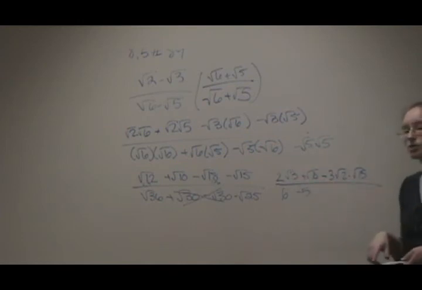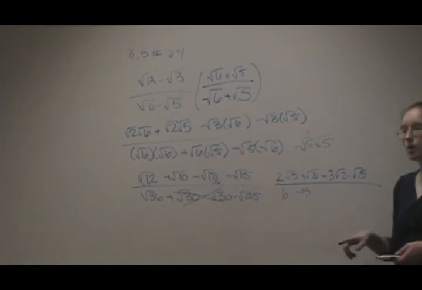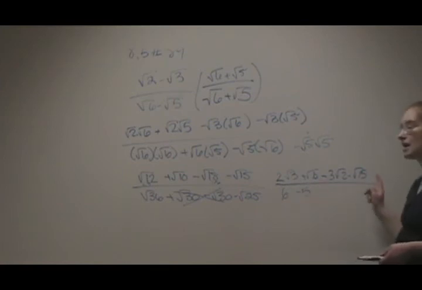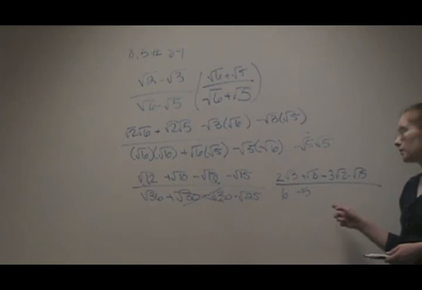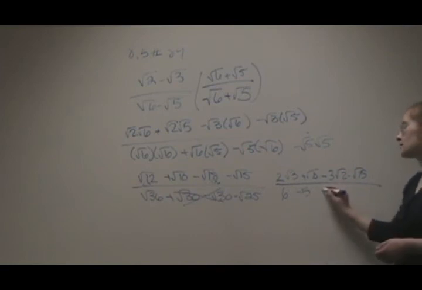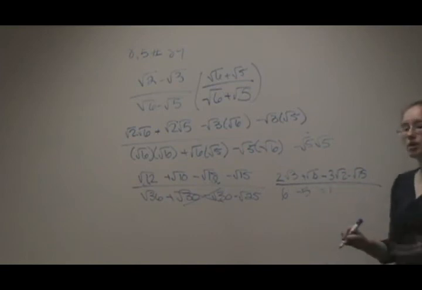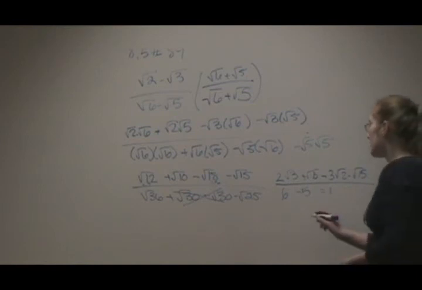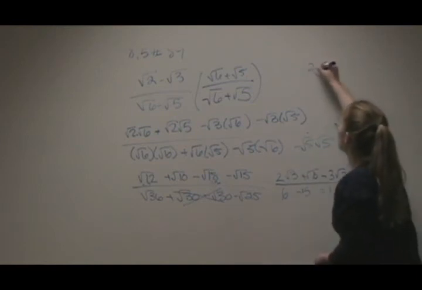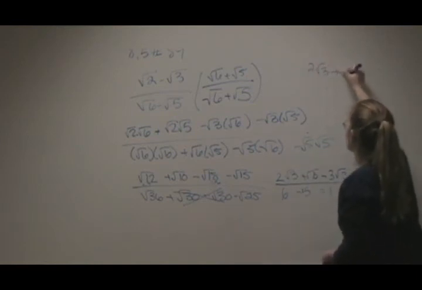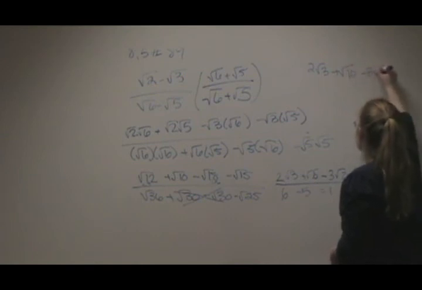Do any of these match? No. So this numerator cannot be simplified anymore. The bottom, though, is 1. Anything over 1 is itself, so our final answer is just 2 times the square root of 3 plus the square root of 10 minus the square root of 2 minus the square root of 15.